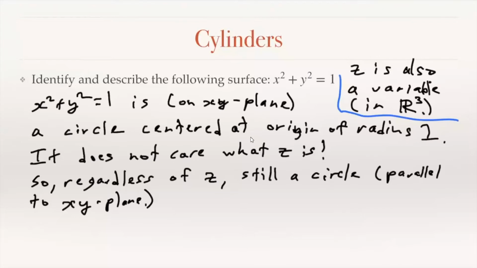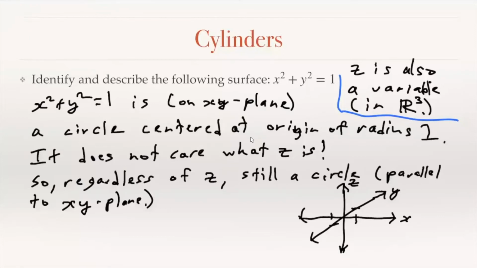So visualizing this, here is our x, y, and z axis. On the xy plane, this is a circle of radius 1, but it does not care what z is.